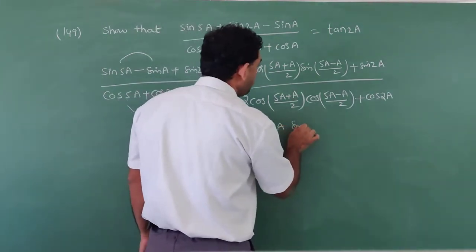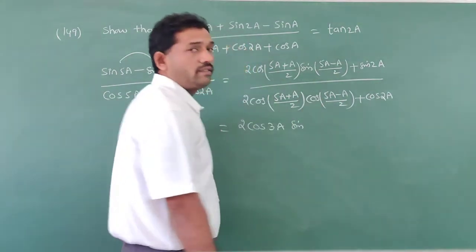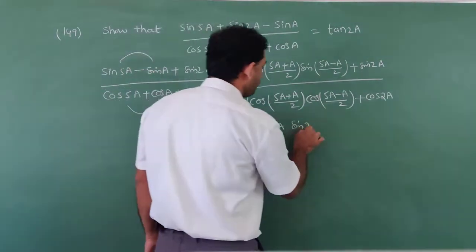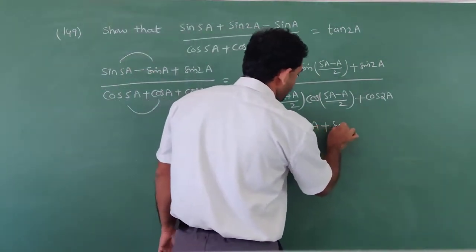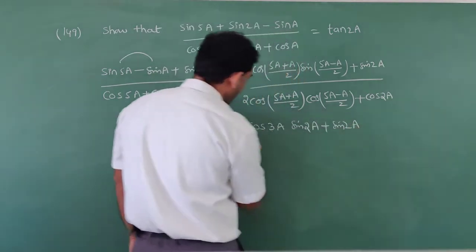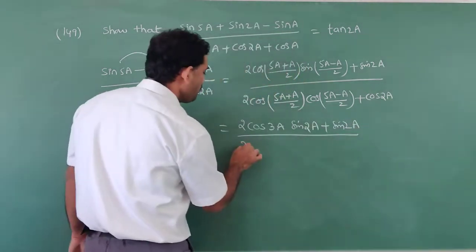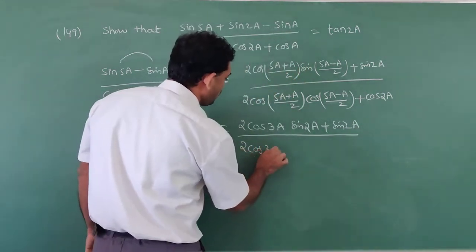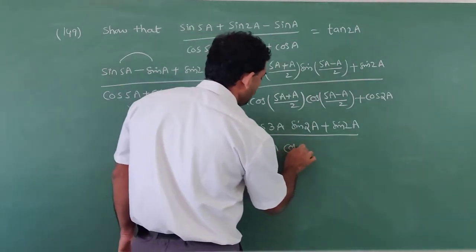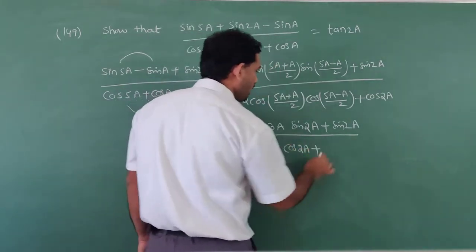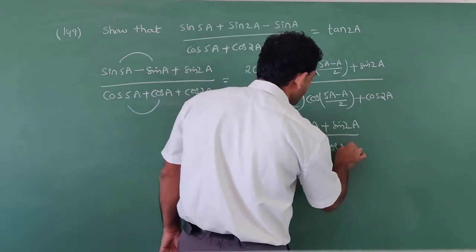Second value, sin 5a minus a means 4a, 4a by 2 means 2a, plus sin 2a, divided by 2 cos 3a cos 2a plus cos 2a.